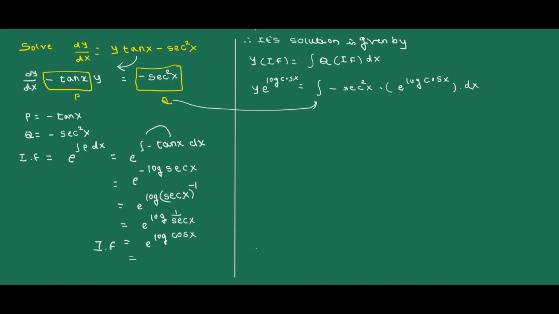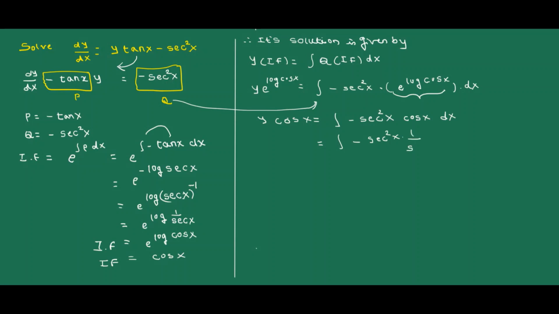So here I will write integrating factor is equal to only cos x, because e raised to log gets cancelled. So y into cos x is equal to integration of minus sec square x into cos x into dx.